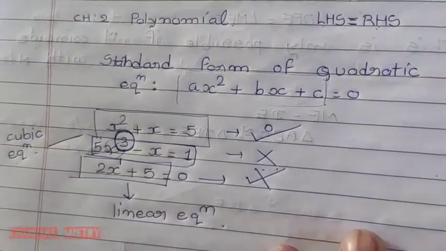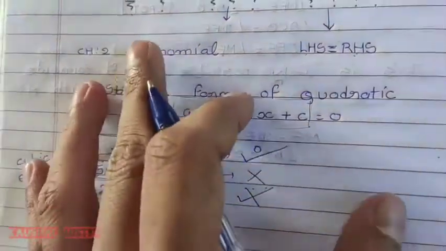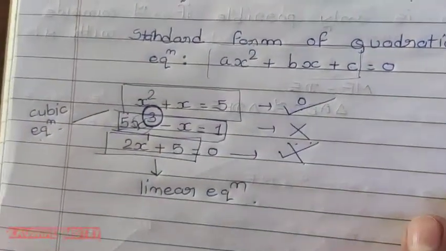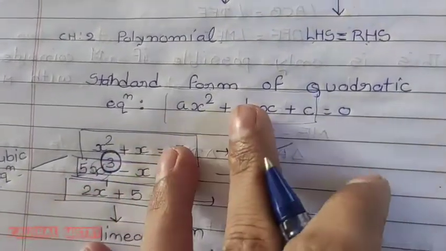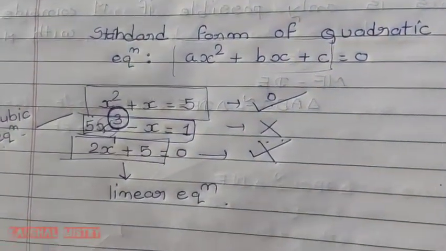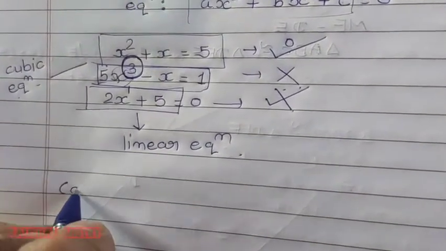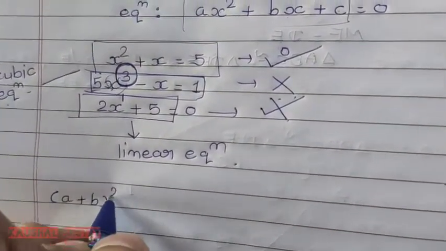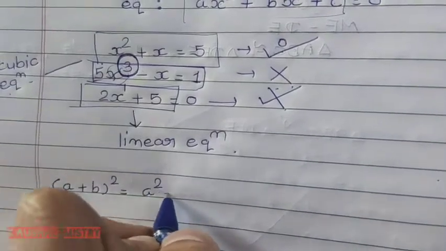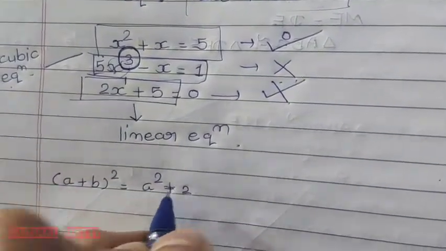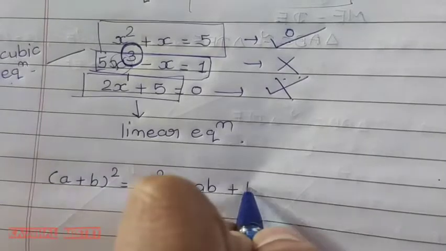Now we are going to check whether a given equation is quadratic or not. First you have to remember these formulas. You have studied them in 8th and 9th standard, but we will revise them. a plus b whole square is equal to a square plus 2ab plus b square.